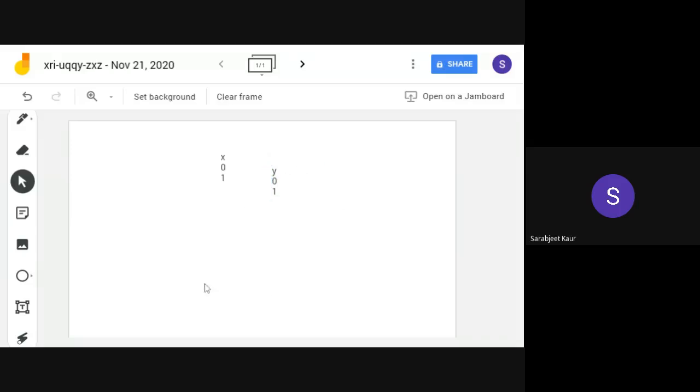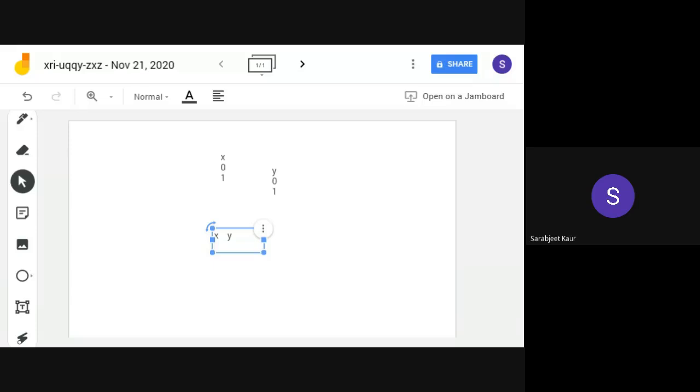But when I talk about x and y together, these two Boolean variables, what are the values that they can take?